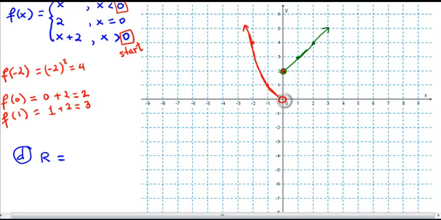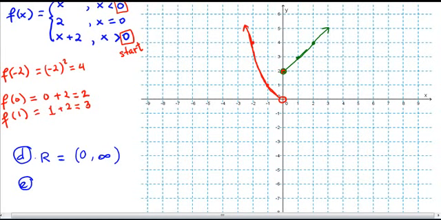Right here, the range starts at 0. And then all the y values go up this way, up to infinity. Because the open circle here means we cannot include 0, and we also cannot include infinity. So that's the range.